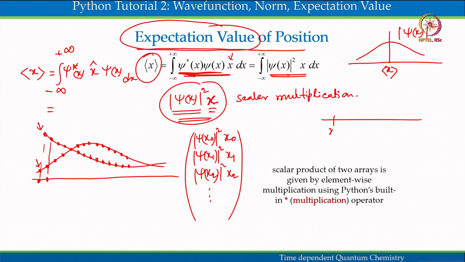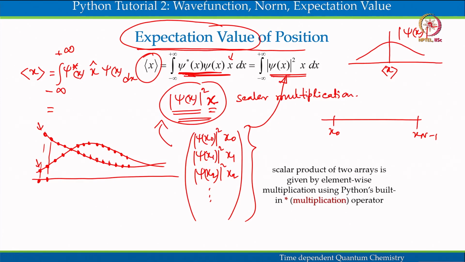The initial grid point was x0, and the final grid point was xn minus 1. So these are the points we get in the probability density distribution. This is the array we create by this multiplication, and this is the array which we will be using for the integration, following Simpson's method, as the Y array.